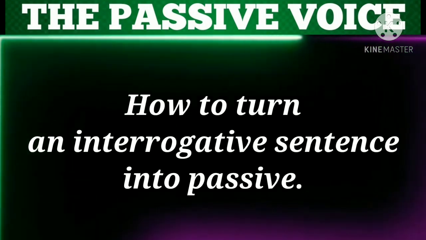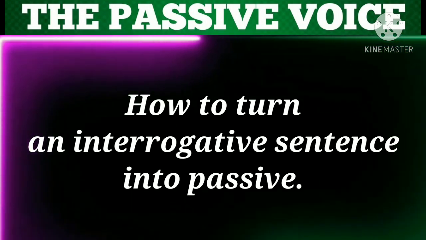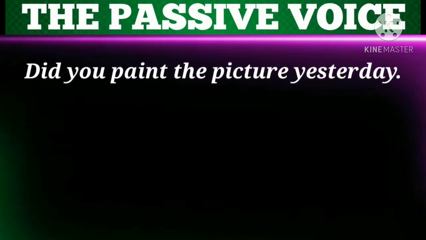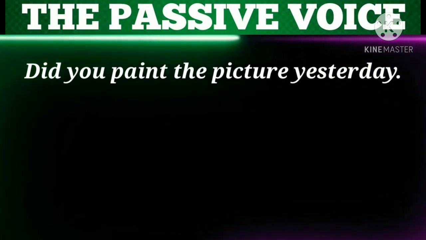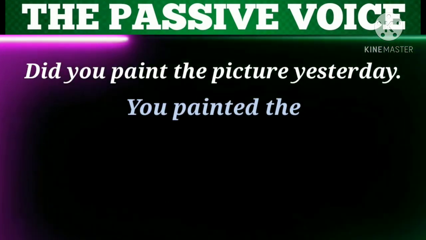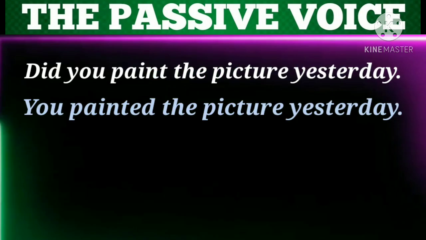Now let's discuss how to turn an interrogative sentence into passive. It is very easy to do. For example, did you paint the picture yesterday? Now turn the sentence into declarative. It will be you painted the picture yesterday.